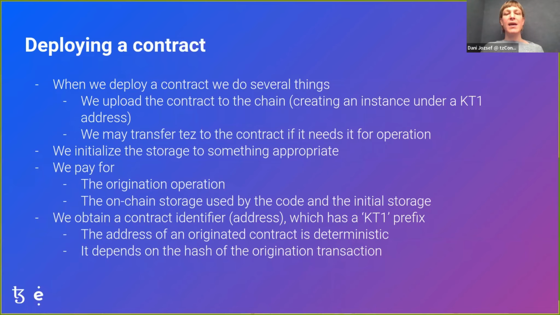And we obtain a KT1 address, an identifier for the new contract, which is deterministic. It depends on the origination transaction itself. So we can know the smart contract address even before the operation has been baked.